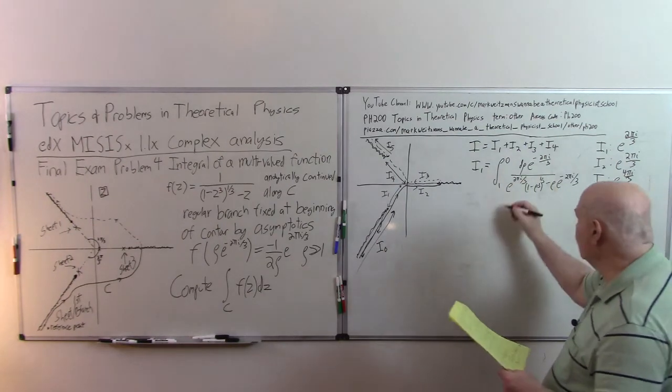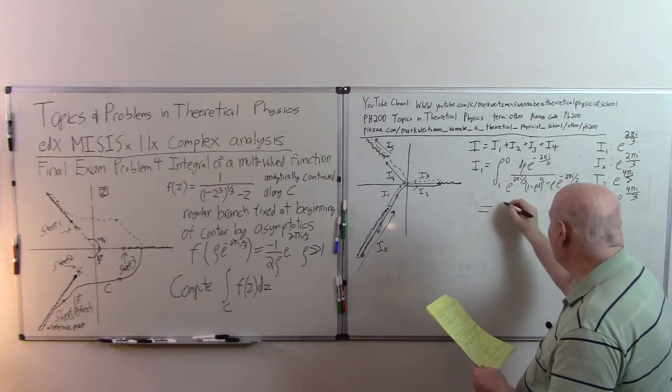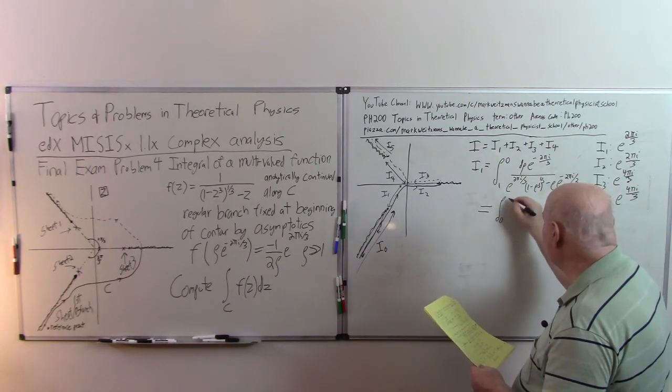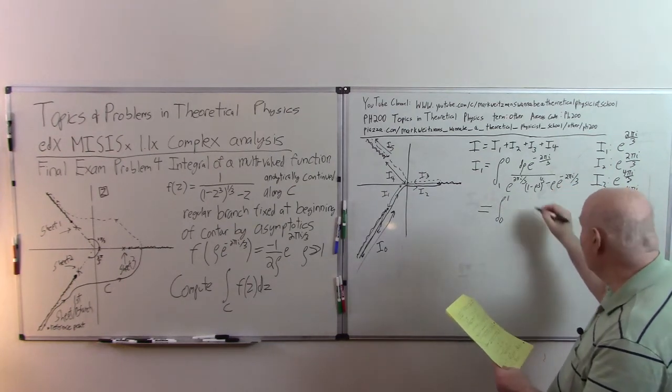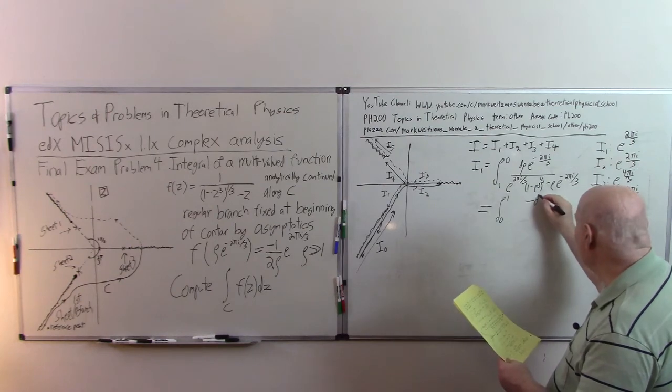And reversing the order of integrals and doing some cancellation, we're going to get the integral of minus d rho.